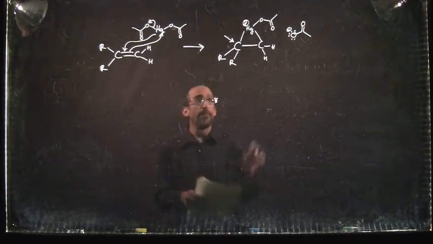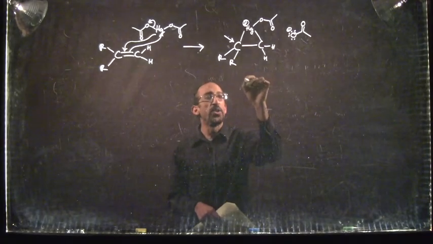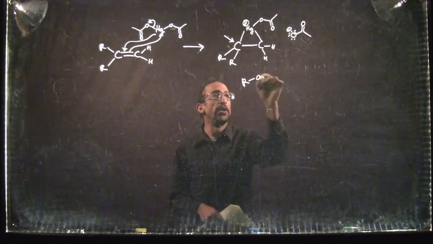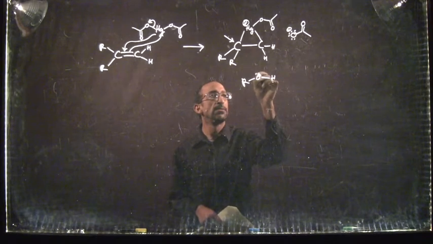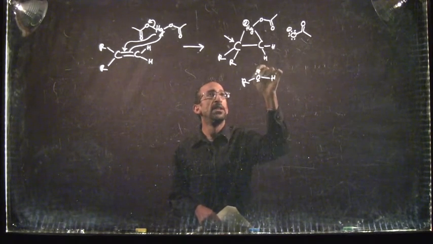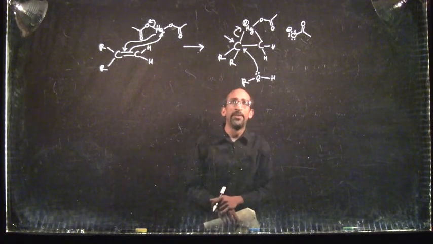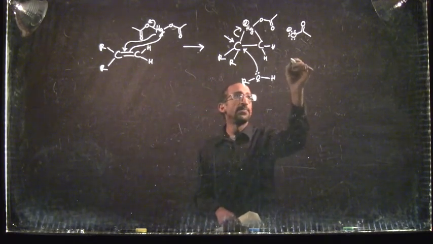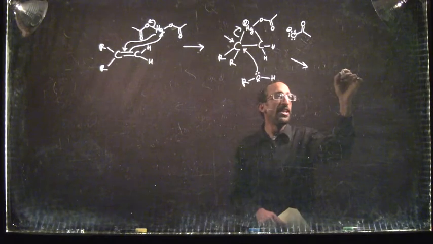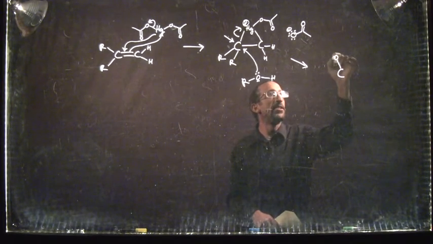And so here now we can use any sort of alcohol or water, which goes ahead and opens up that ring for us, which takes us to this oxonium type intermediate.